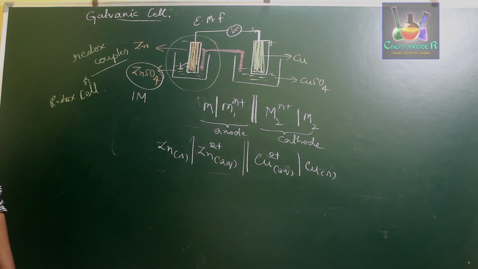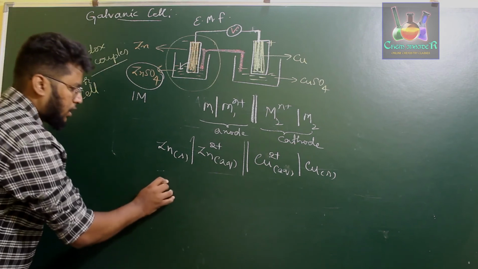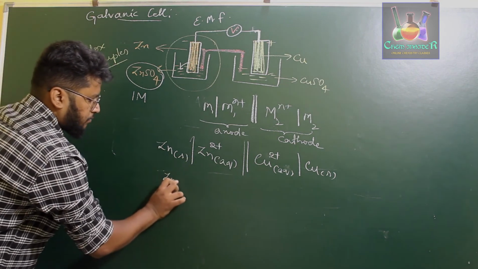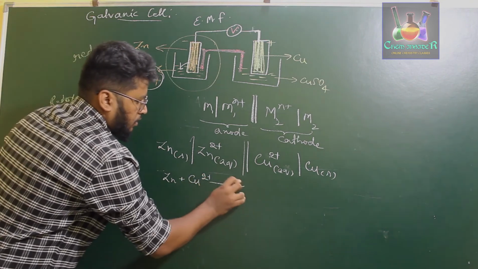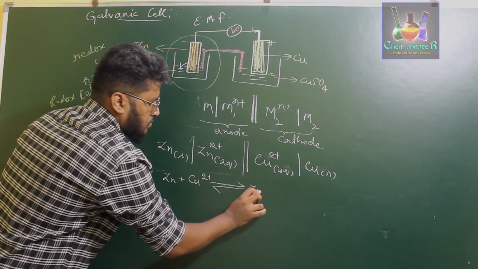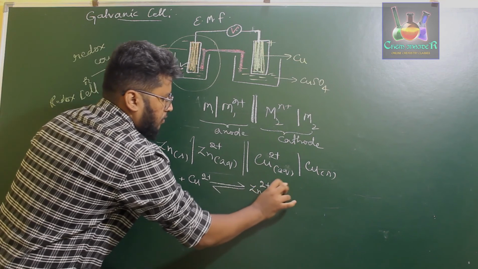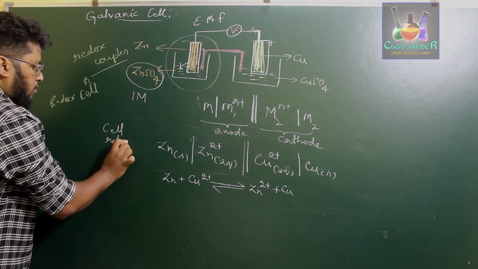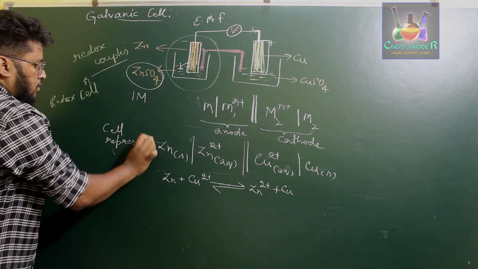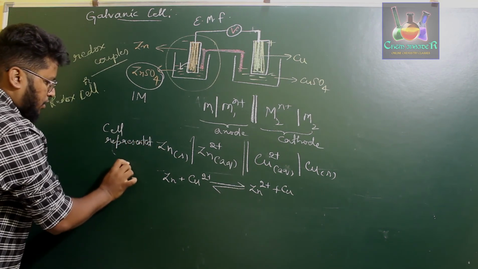Now if you have to write down the cell reaction, you can write zinc plus Cu2+ gives Zn2+ plus Cu. So this is the cell reaction.